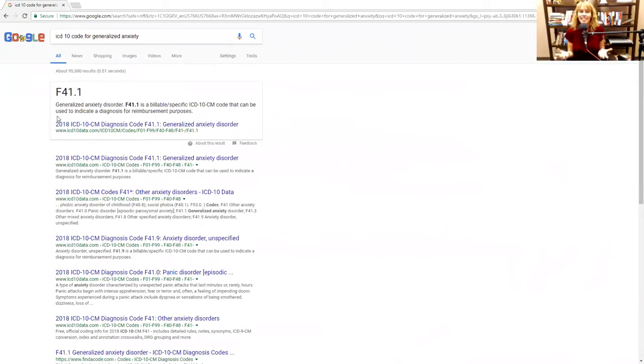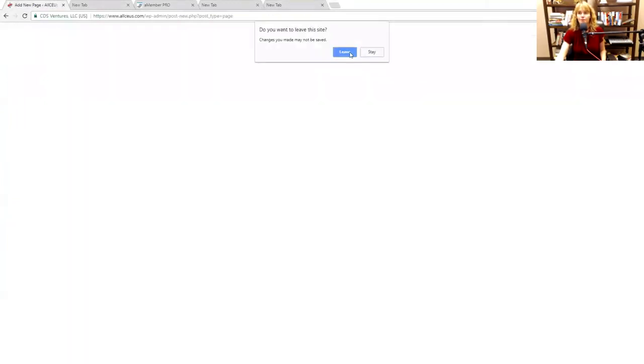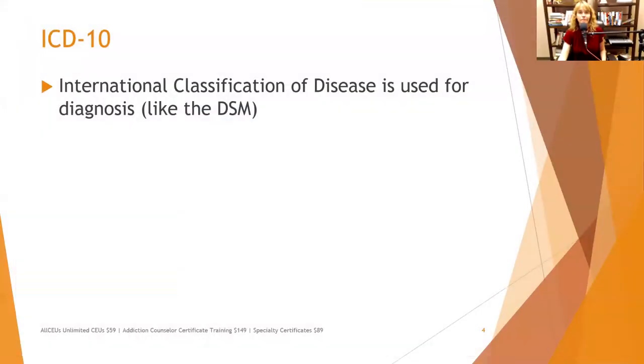So the ICD-10 should not be confusing or scary to you at all, and through the use of Google or some other browser, you can usually really easily find the codes that you need, so you don't necessarily have to have the book sitting on your desk.